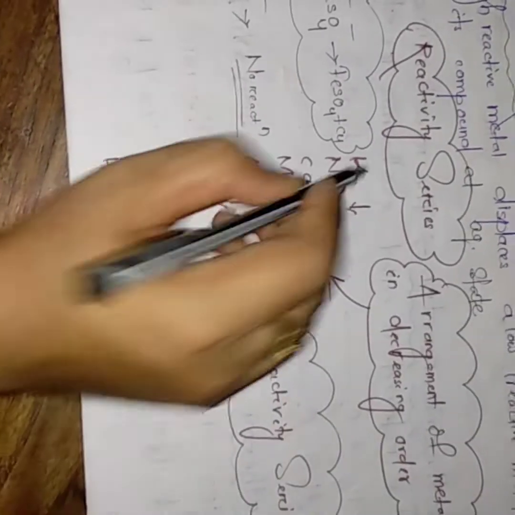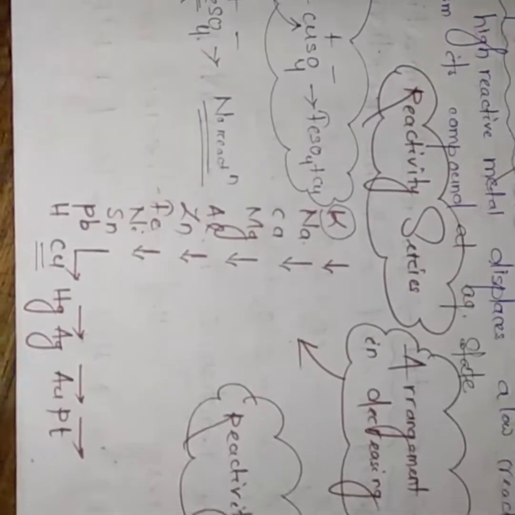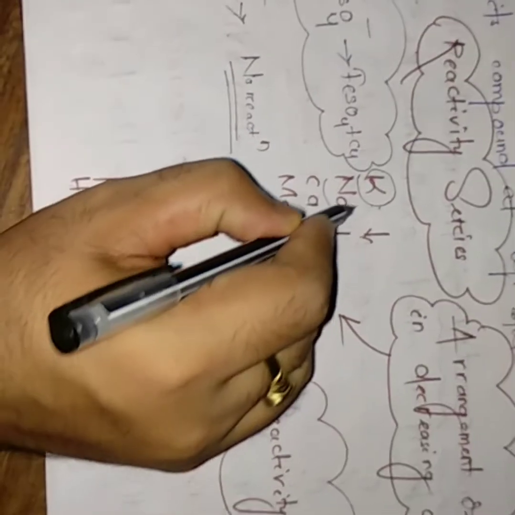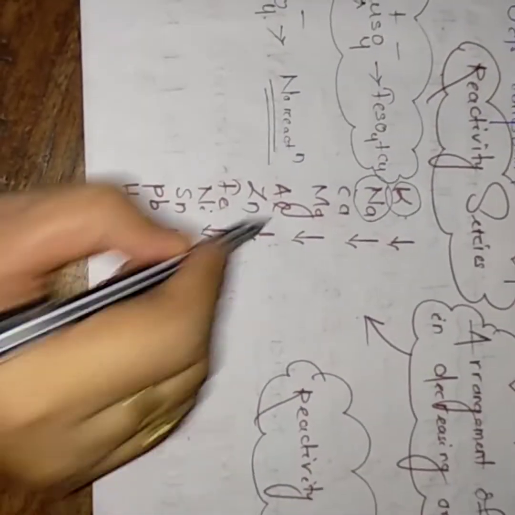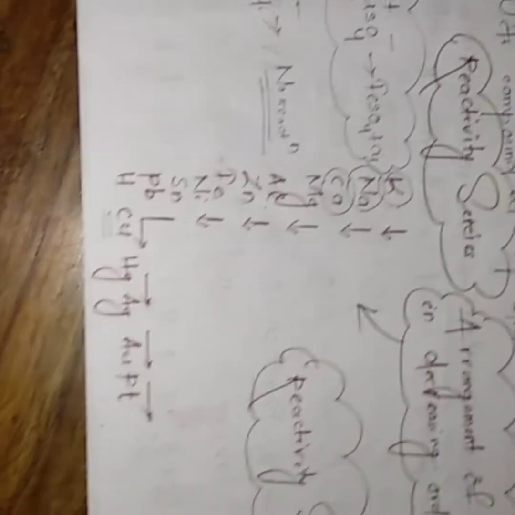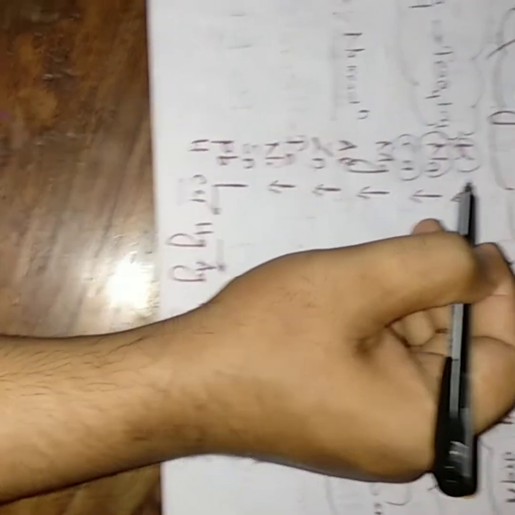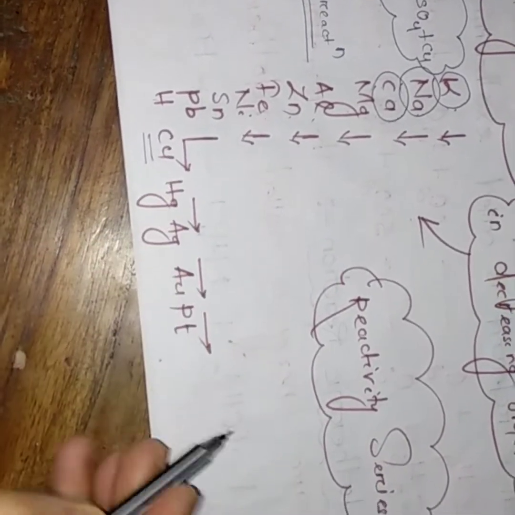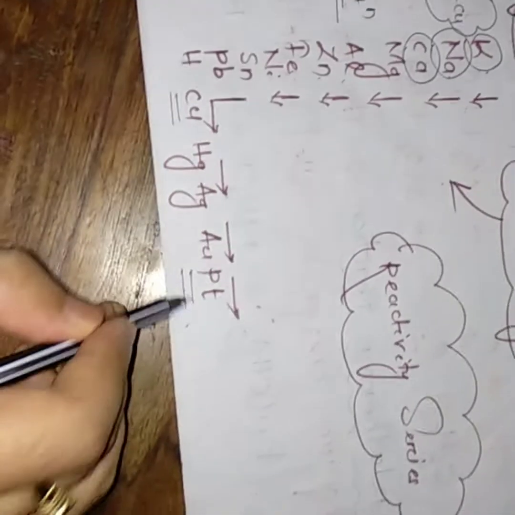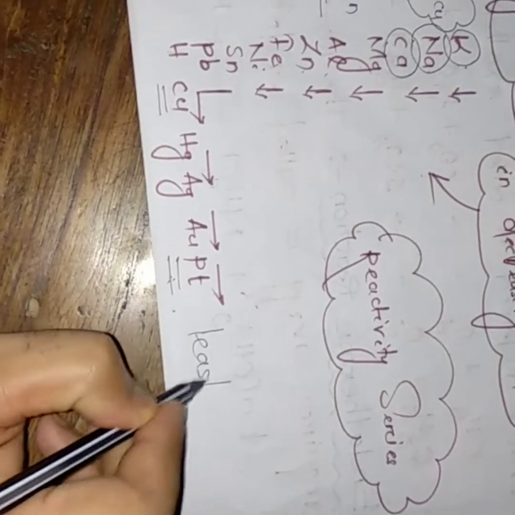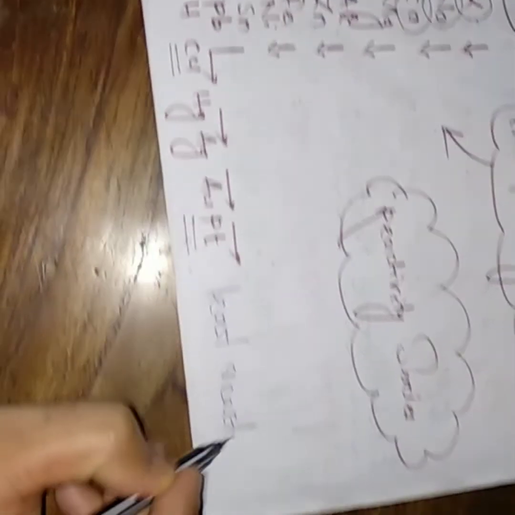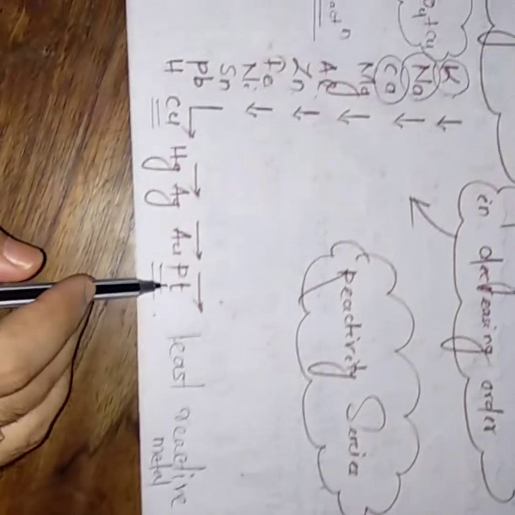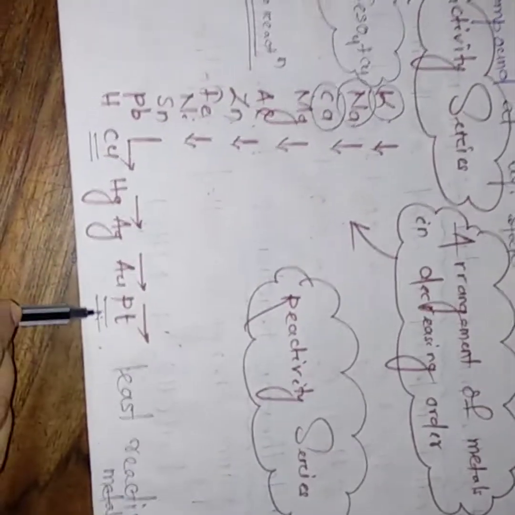It means that potassium is highly reactive in nature. Then after potassium, sodium is reactive, then calcium. Their reactivity gradually decreases up to platinum, and platinum is the least reactive metal. Almost it will not react with any other. Clear?